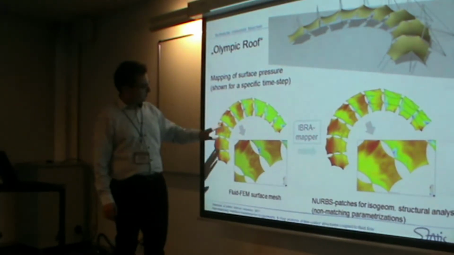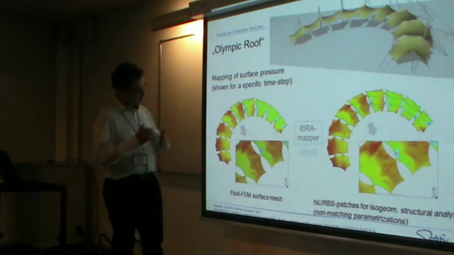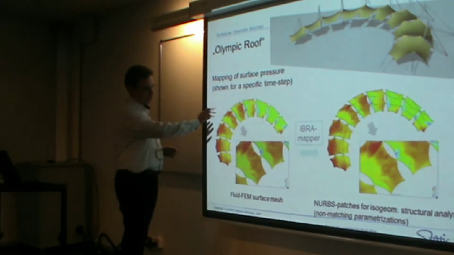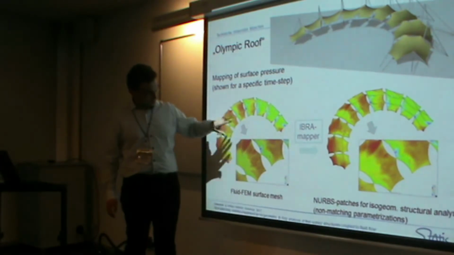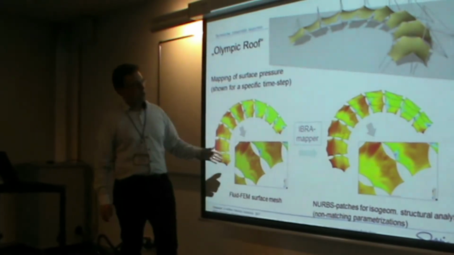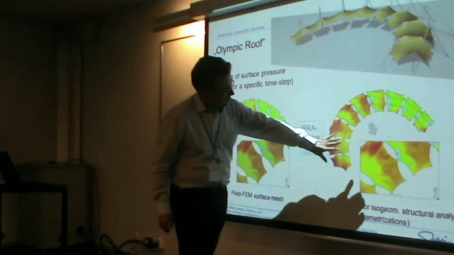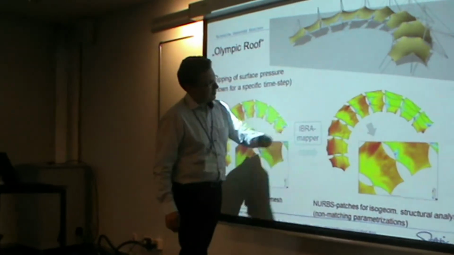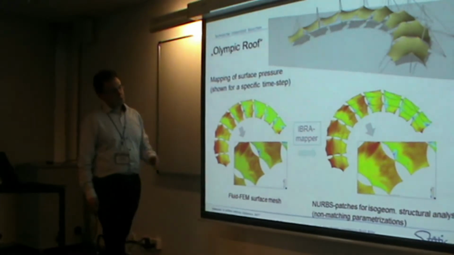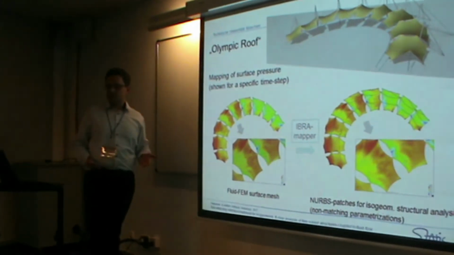So we have flow separations, reattachments, also these typical gust structures, they leave some footprints here on the surfaces. We have here on the fluid surface, visualized the pressures, and on the other hand side, you see here, these are different big patches, here also with triangles, and well, the pressure map works nicely.